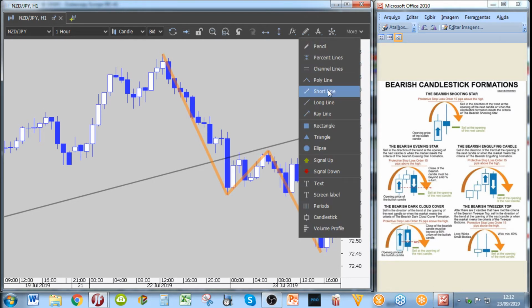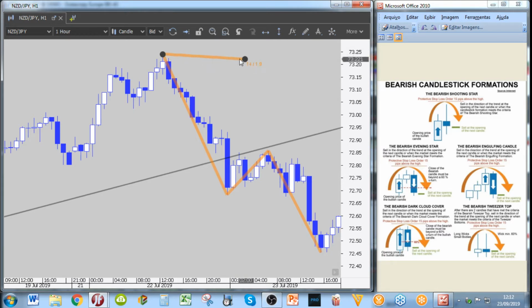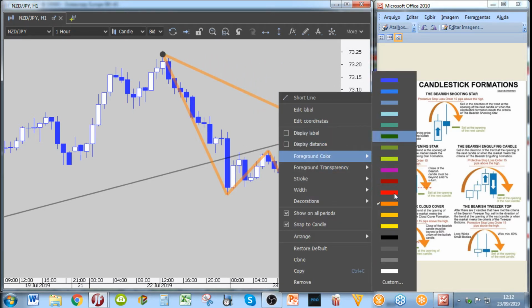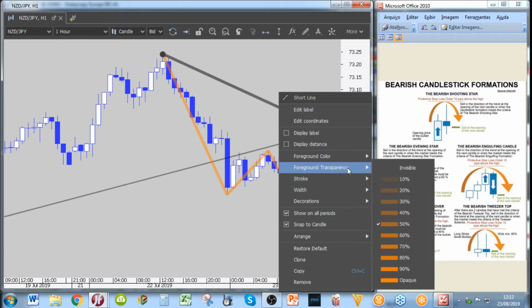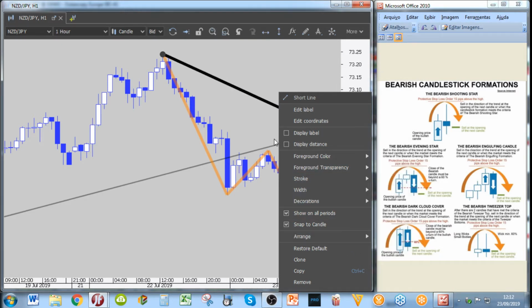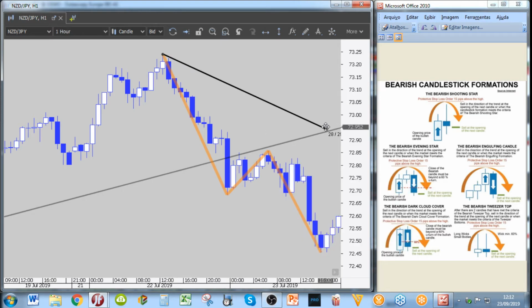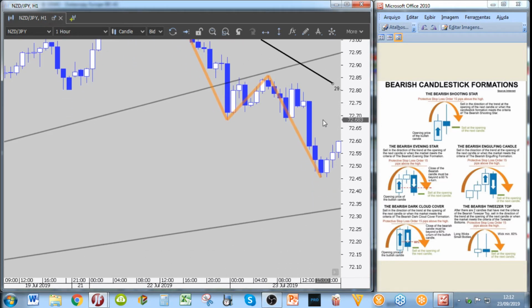And what else can we do? We can draw a downtrend line, something like this. Let's color code this in black. And we are ready to start. So this is going to be the downtrend line. Okay, so we are going to scalp the next bearish candlestick formation.